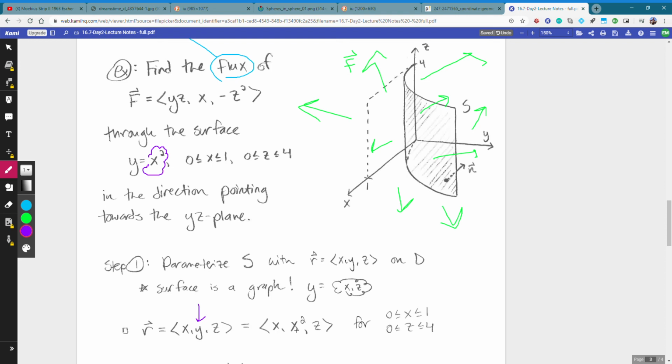And so we get x squared is z, and we just want to know, what x's and z's do we do this for? Looking up here, our shadow in the xz plane is x's from 0 to 1, and z's from 0 to 4, which gives us this rectangular shadow of our surface. So this rectangular region is our D in the language of our notation above.